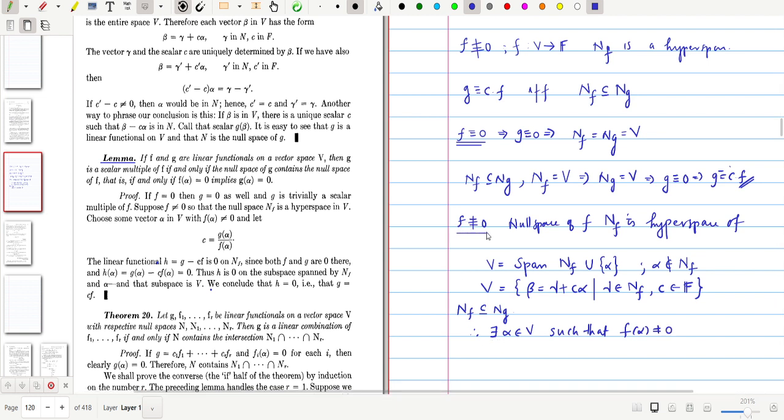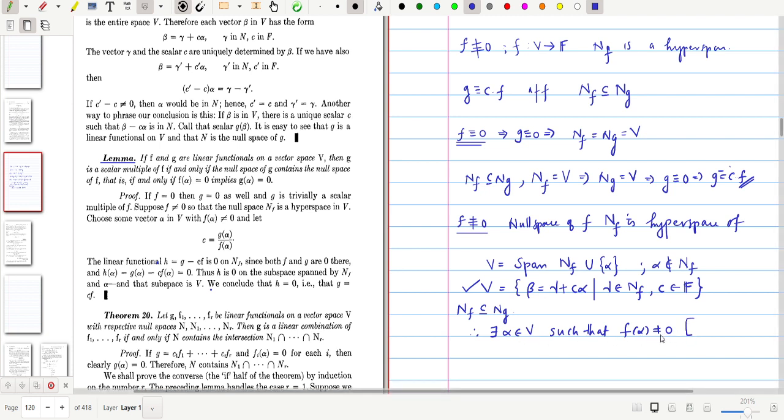Because f is non-zero, you can find alpha belonging to V such that f alpha is not equal to 0. So it is enough to choose this alpha to represent V, as the set of all beta equal to gamma plus c alpha. Once you assume f is not equal to 0, you can easily find alpha belonging to V such that f alpha is not equal to 0.